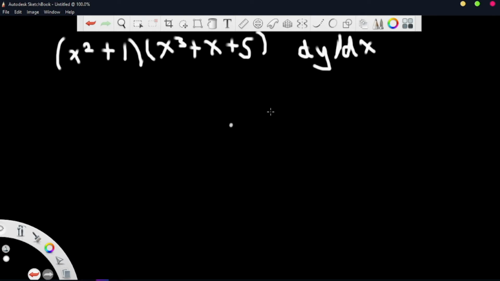So the product rule says d over dx of u times v is equal to u dy over dx plus v dy over dx.